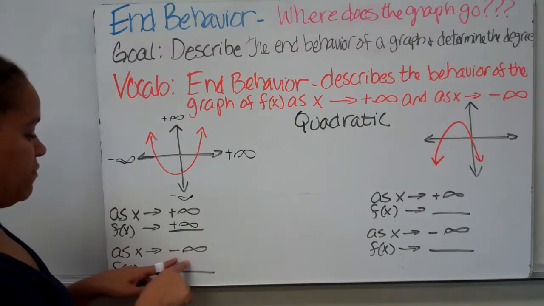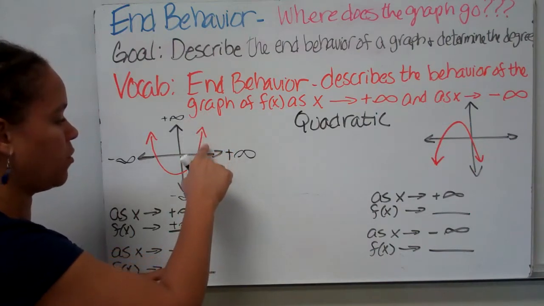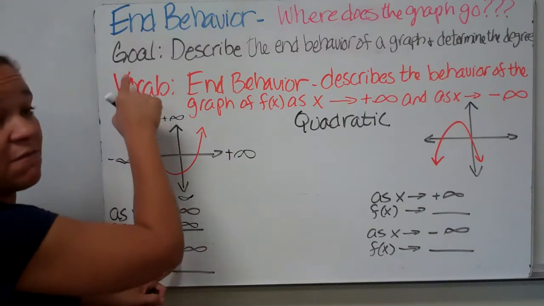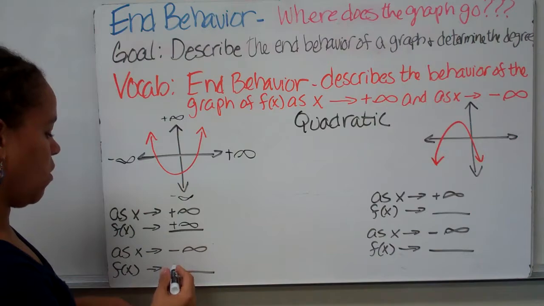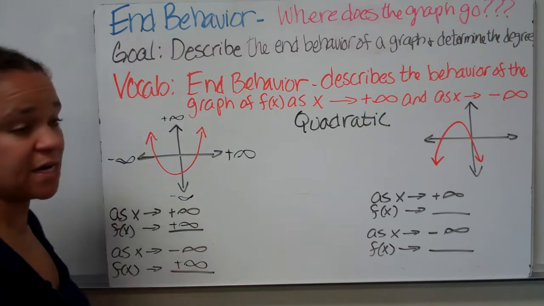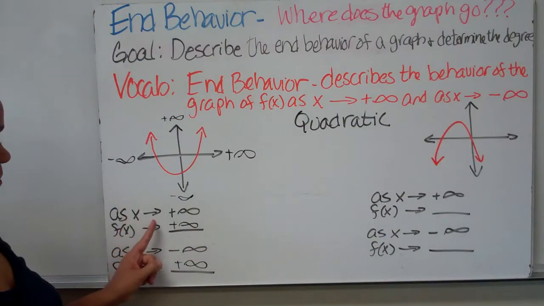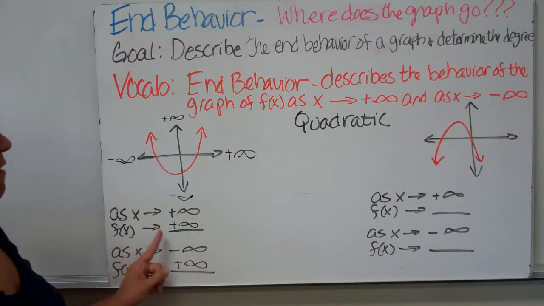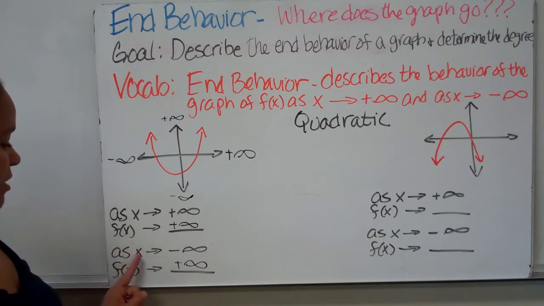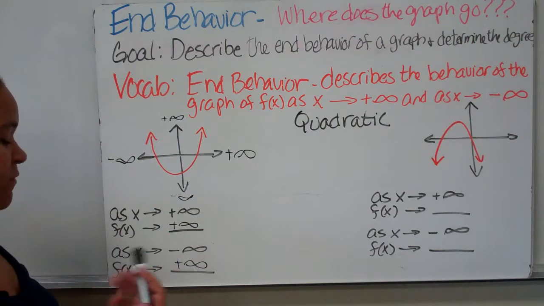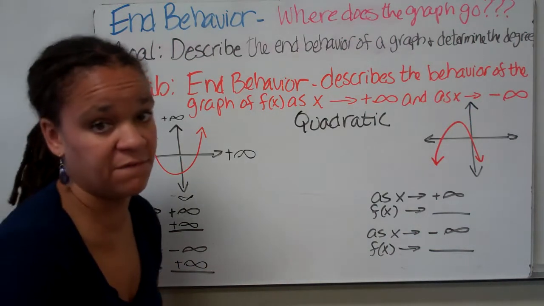Now, as x travels to negative infinity, so as I'm going along the graph to the left, to the left, what ends up happening? This one also ends up going to positive infinity. So this is how you would describe the end behavior of a graph. As x approaches positive infinity, the graph approaches positive infinity. As x approaches negative infinity, the graph or the function also approaches positive infinity.